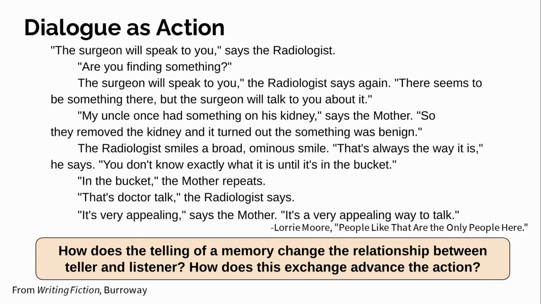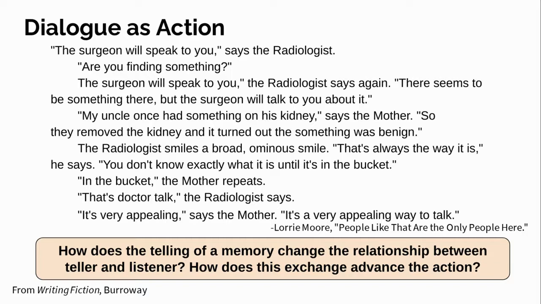Okay. As we move through the scene, he says something like, well, that's always the way it is. You don't know exactly what it is until it's in the bucket. So suddenly he reveals that they throw it in a bucket, whatever they've cut off a person, right? And sometimes you just don't know. In a way, this actually helps the mother, right?